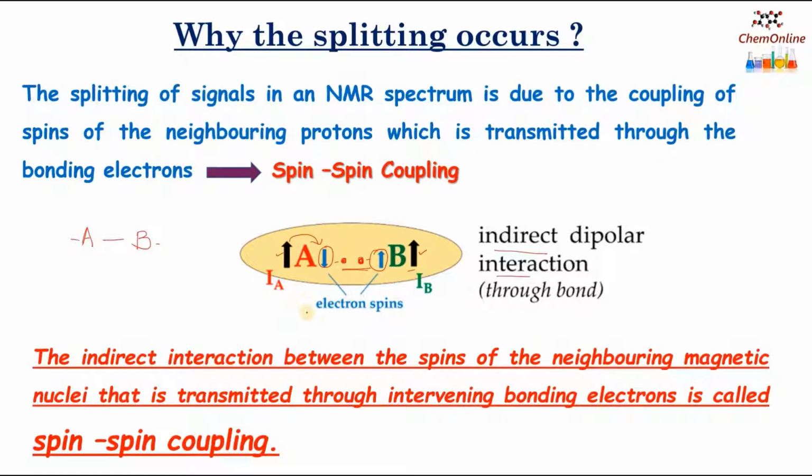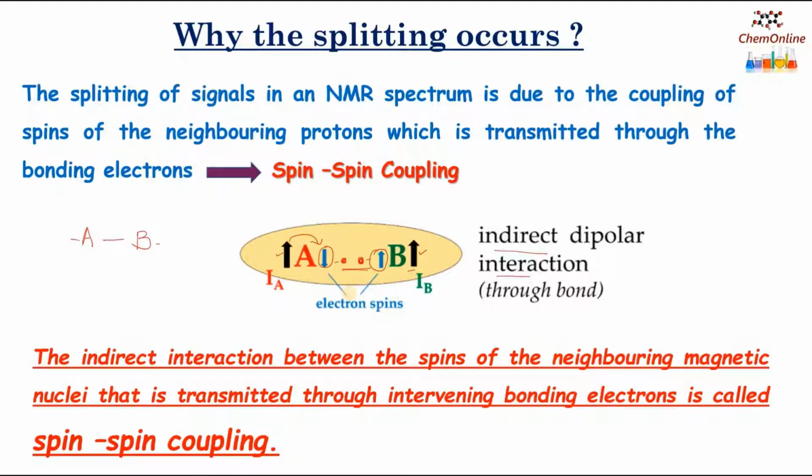So this indirect spin interaction between the neighbouring protons taking place through the bonding electrons is called spin-spin coupling. It is due to this spin-spin coupling that the splitting of signals occurs in an NMR spectrum.